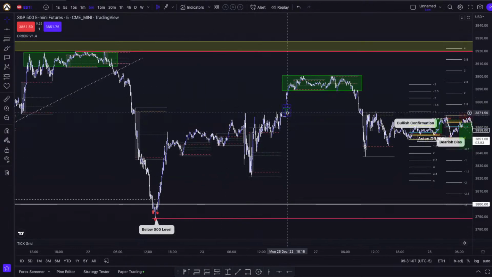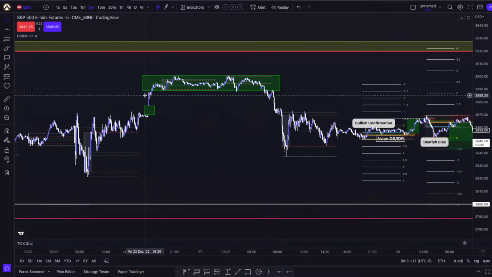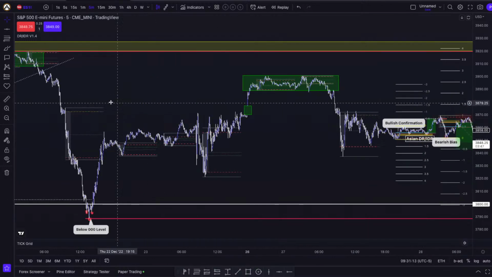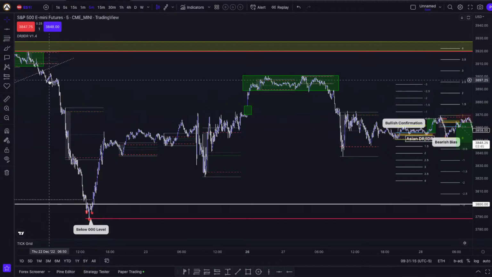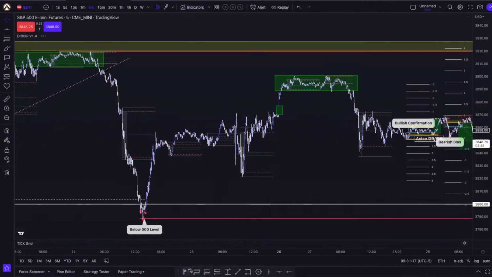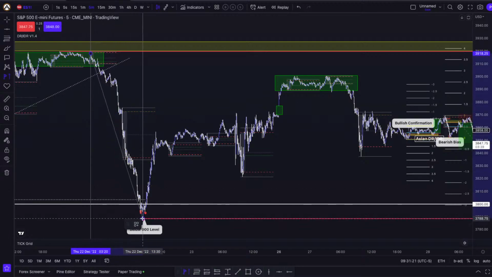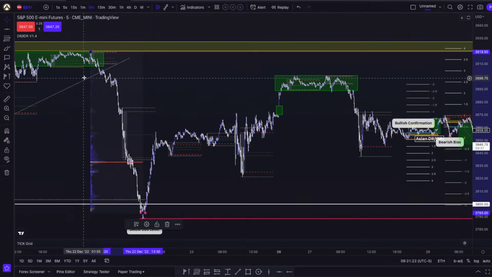Then we open up after Christmas again on the 26th of December with a move to the upside, basically filling in fair value gaps right around here. We could also draw the volume profile from our high all the way down to our low, filling in all this liquidity void basically here on a 5-minute time frame.